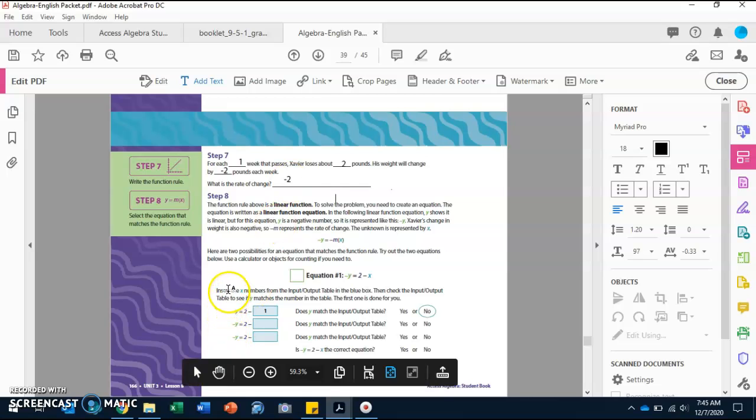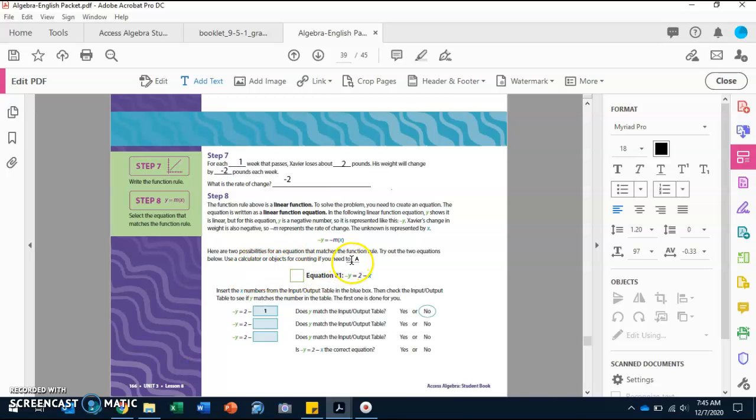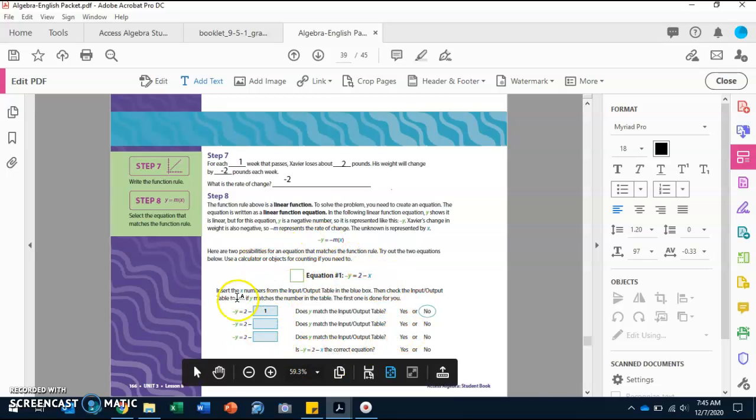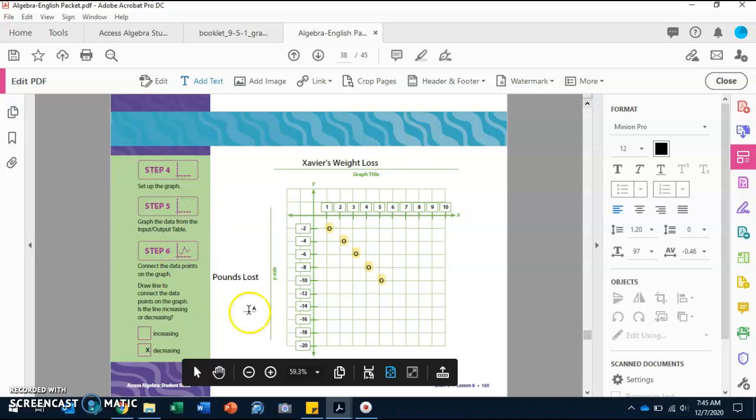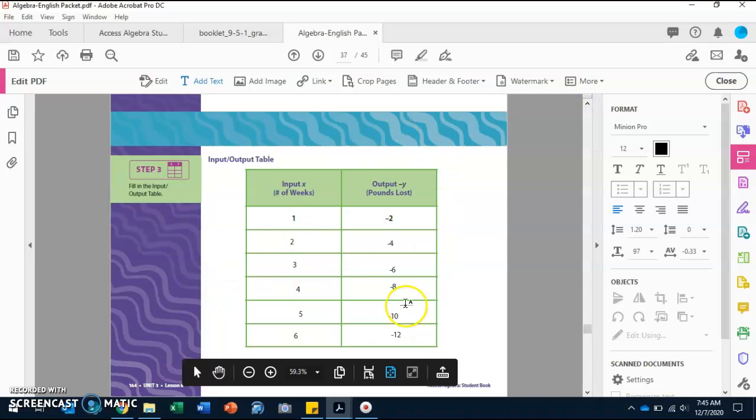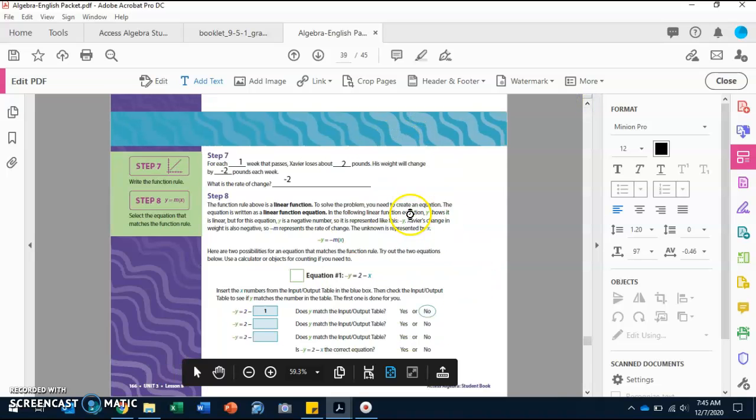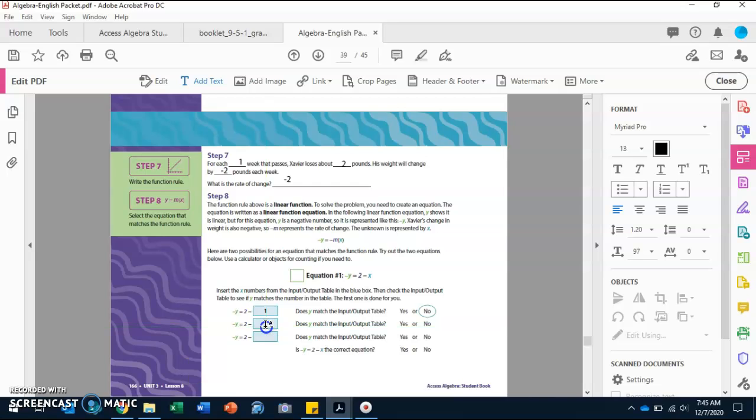Now here, guys, it's telling us that we need to use the calculator to figure out whether this equation is the same as what we were plotting in these 2 graphs. So that is what we're going to find out here. So here we're going to use our calculators. So make sure you have your calculators, and we're going to solve for each one.